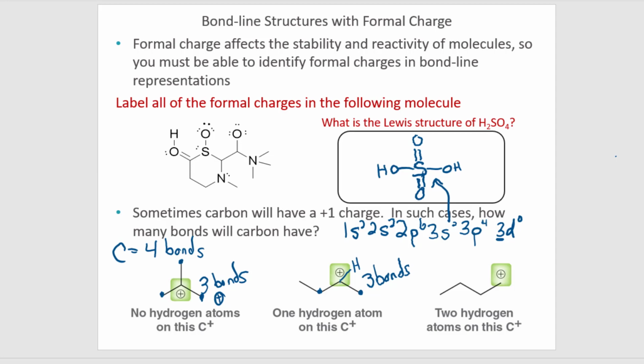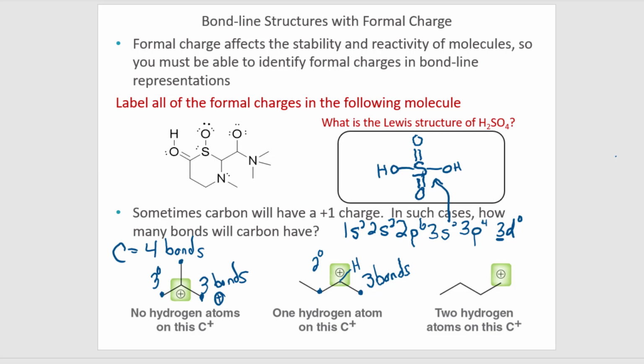Actually, we have names for these. When the carbon has a positive charge and it's connected to 3 other carbons, it's a tertiary carbocation. When the carbon is connected to 2 carbons and has a positive charge, it's a secondary. There's 1 assumed hydrogen there.